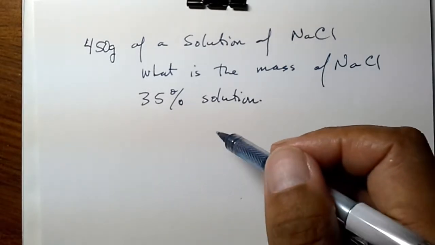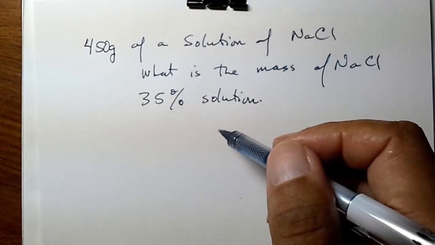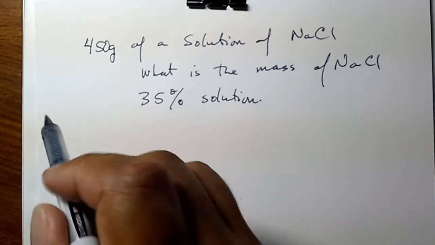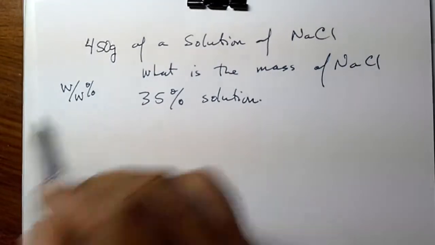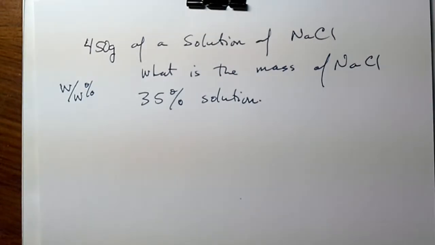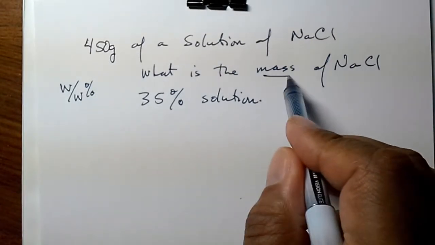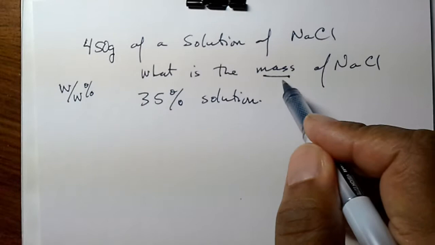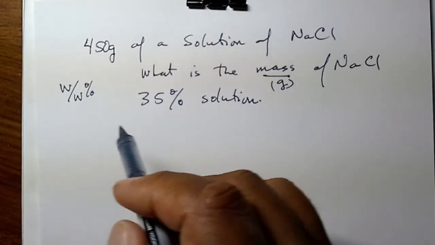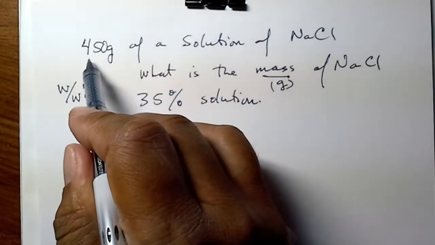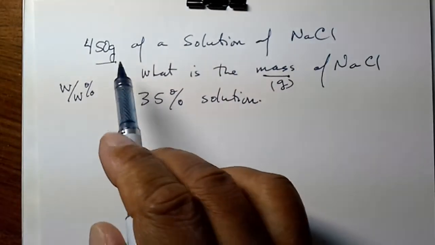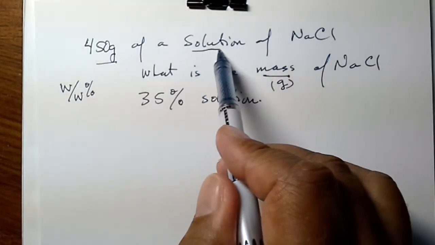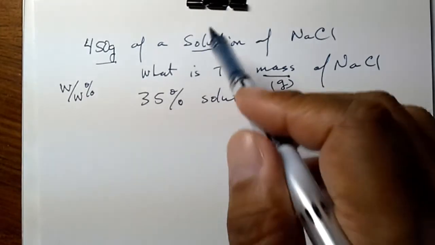Okay. Now, unlike the other one, this is a weight percentage. Okay, because I'm looking for mass in grams, and I'm giving mass in grams. And so we know it's a solution, so it's a volume.